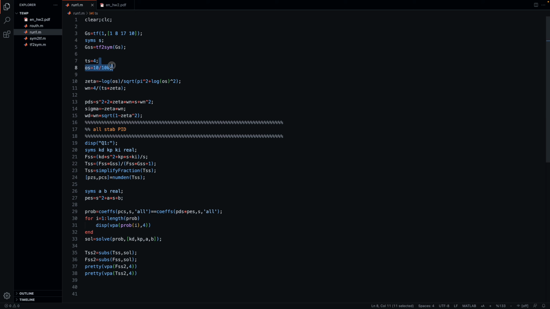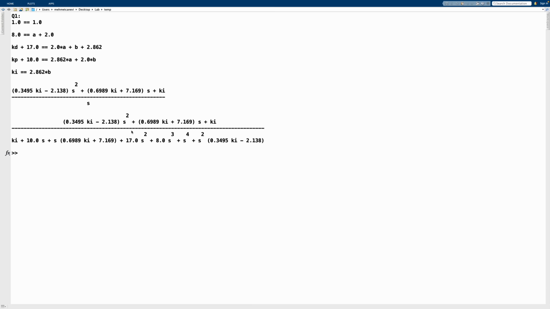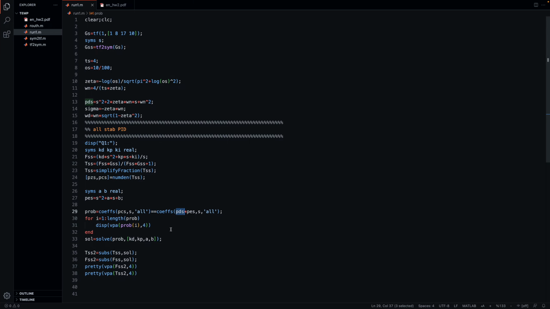And for our case, we already have Ts equals 4 and overshoot 10%. We've already calculated that, and we can see that sigma, in fact, is going to be negative for both roots of this polynomial. So we know that PD(s) is already stable. If we analyze this whole system, we would be reassessing the stability of PD(s), which is not necessary.